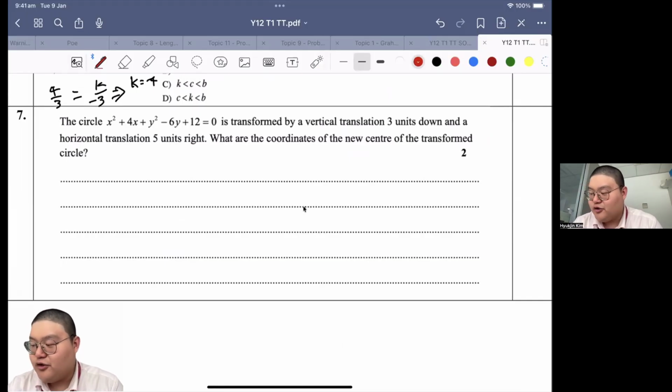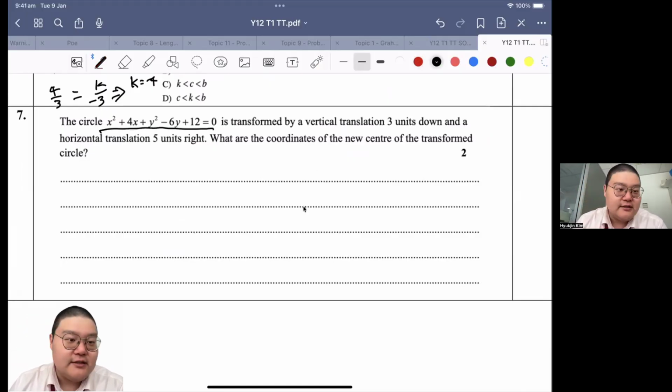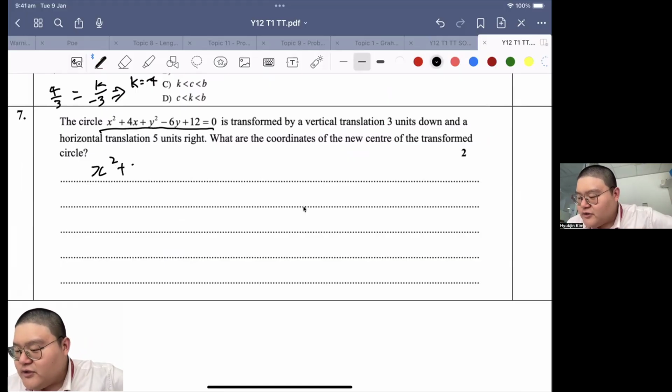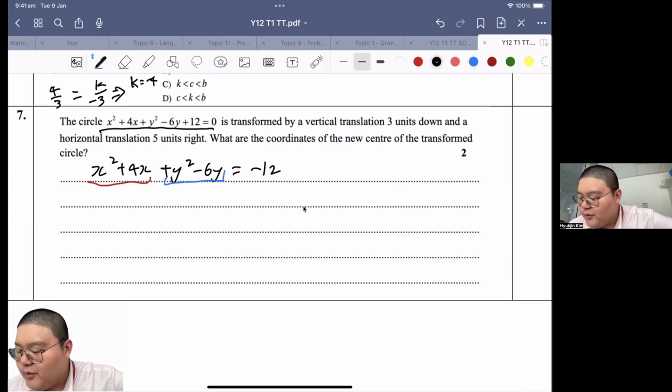What are the coordinates for the new center of the transformed circle? Well, what I do know is that this circle is not desirable right now. This doesn't look like the one that we want, okay? So I want to make it look nicer. I'm going to move every constant term to the other side and start thinking in my head, how could I make this a perfect square? And how could I make this look beautiful the way we want?